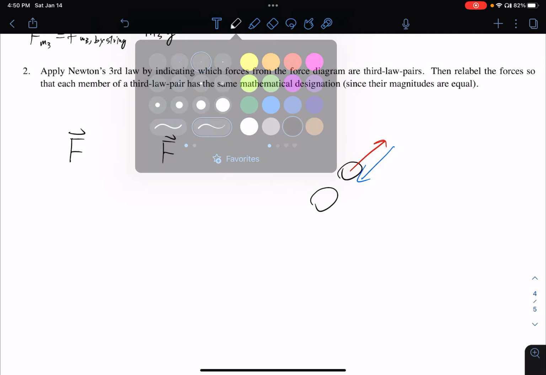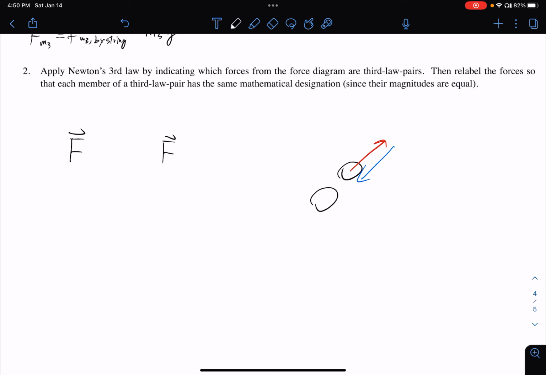In vector notation, it means that the forces should be equal to each other with a minus sign, indicating that the direction is opposite. This is the force acting on A by B and acting on B by A. Also, they might have different types of interactions between them, so the forces need to be of the same type. So this is Newton's third law.